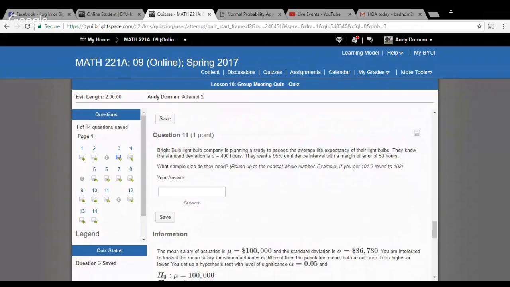You need to divide 50 by 1.96 because the margin of error is already given.